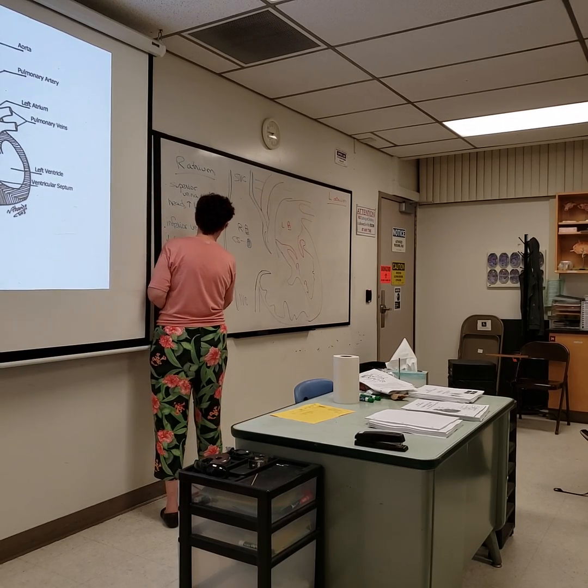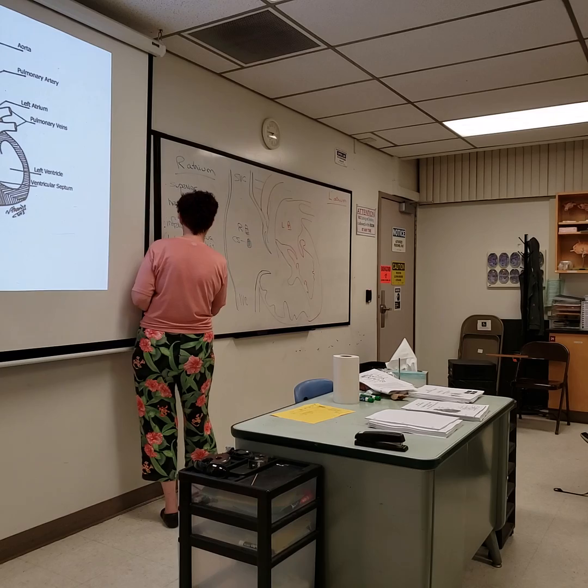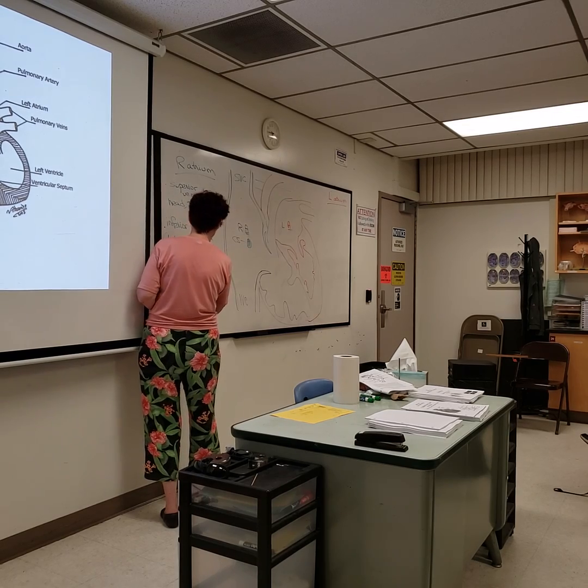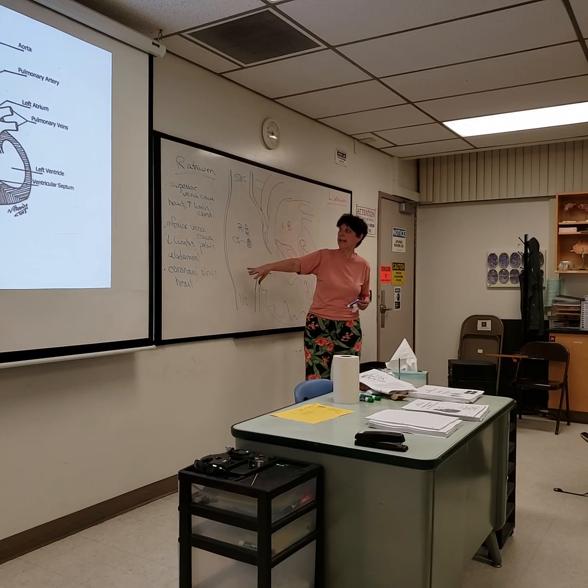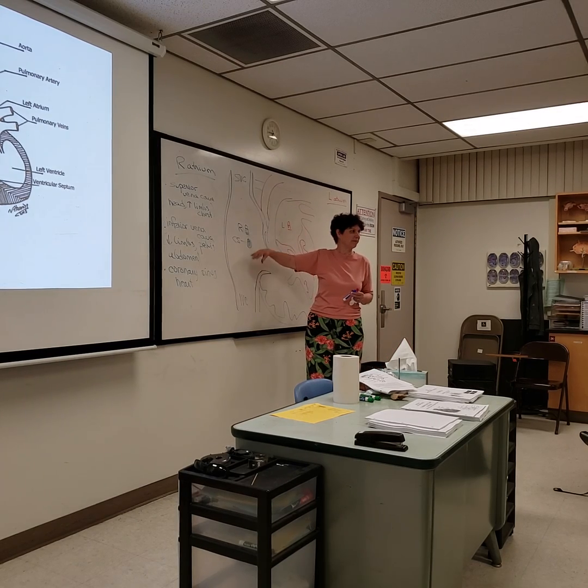So the coronary sinus is returning deoxygenated blood from the heart itself. So those are the three vessels that empty into the right atrium: superior vena cava, inferior vena cava, and coronary sinus.